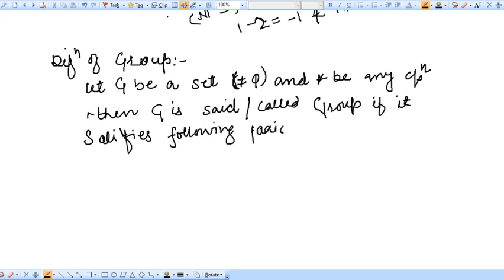So the first property is the closure property.